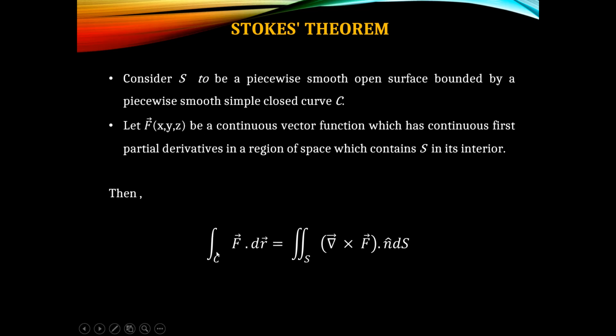Then we can write a line integral over the closed curve C, of vector f dot small line element dr, is equal to the surface integral of curl of f dot the unit vector acting on the surface in outward direction times the elemental area dS.